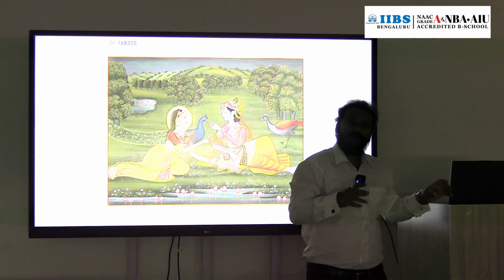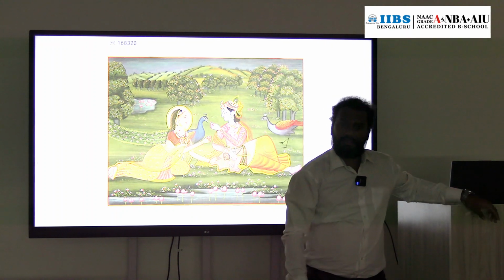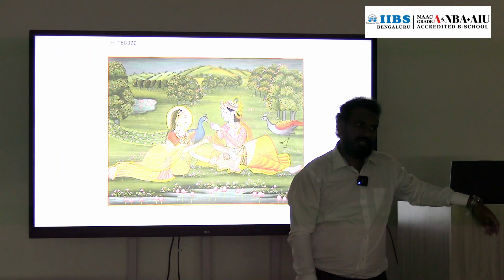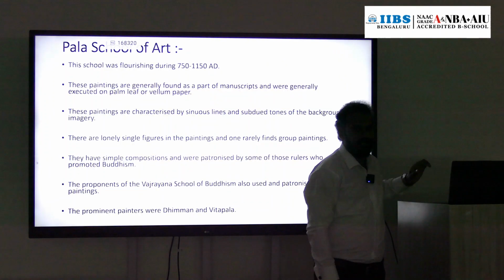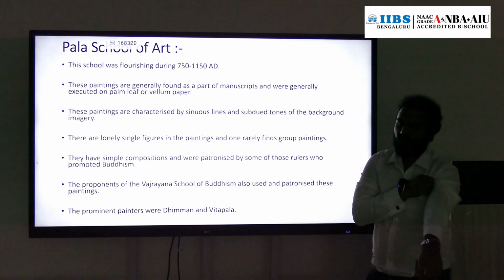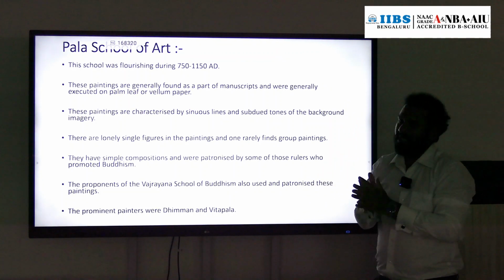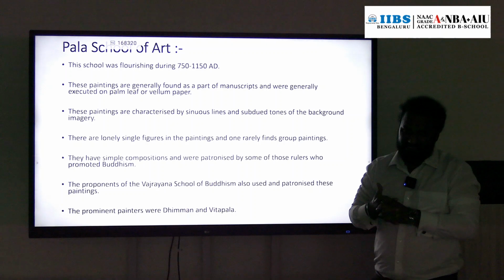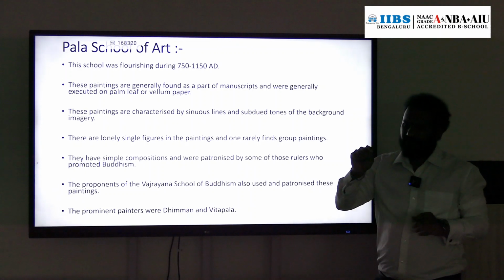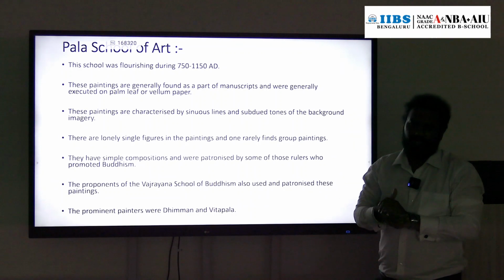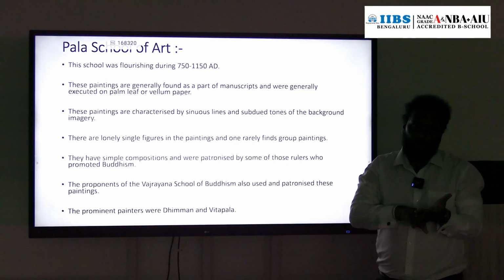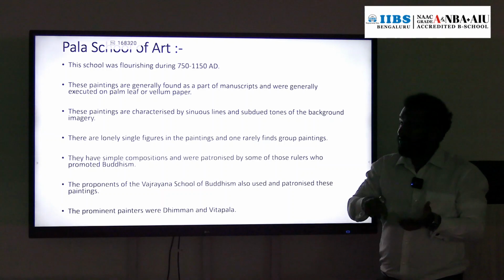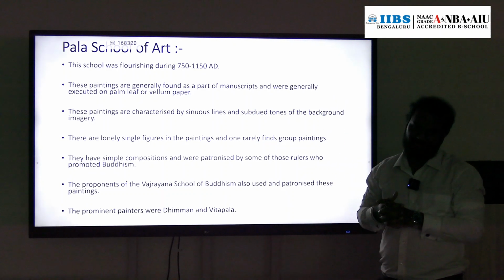Many miniature schools were developed in India. One by one we will discuss those schools of miniature painting. The first such school is the Pala school, Pala dynasty. Between the 8th century to 10th century, the Pala and Sena dynasties ruled that region. The Pala dynasty patronized this school of art.